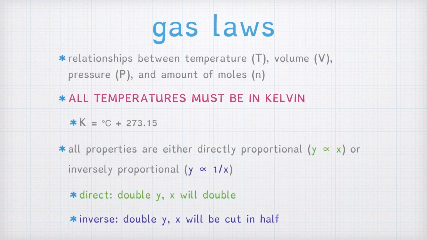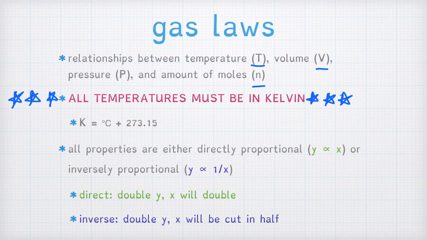That's a little bit about how we measure the pressure of a gas, but there are other properties of gases that we care about. We want to look at the relationship between the pressure of the gas and the gas's temperature, its volume, and how much of it we have. One key thing that cannot be overstated is that all temperatures in these calculations must be done in Kelvin.